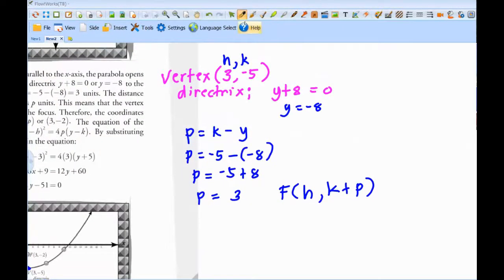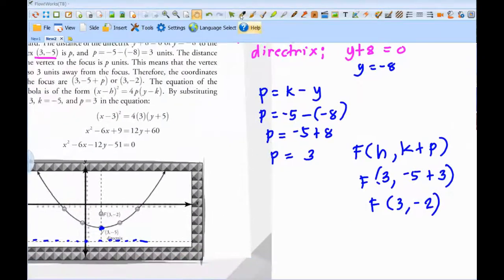It's 3. So 3. And the K, what would be the K? It's -5 plus 3. The P is 3. So therefore, the focus is at 3 and -2. So can we graph now 3 and -2? It's there. 3 and -2. So it opens to the right.